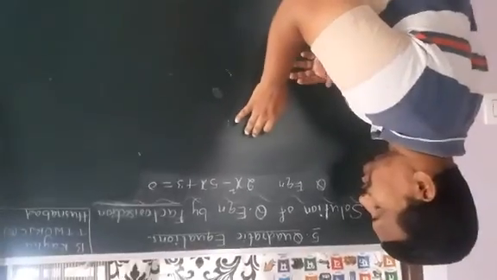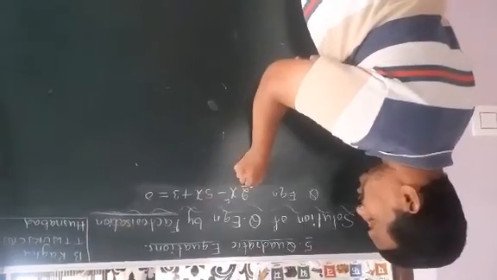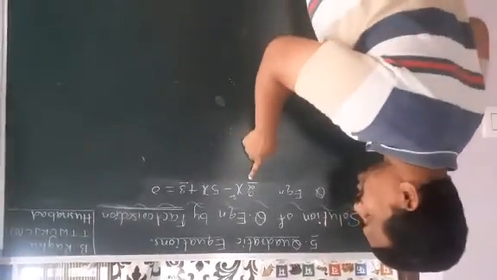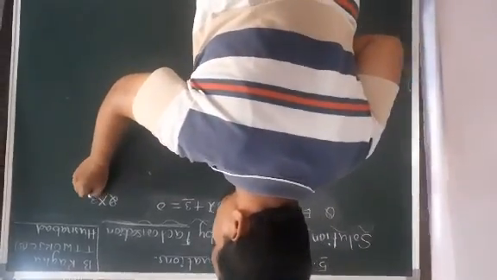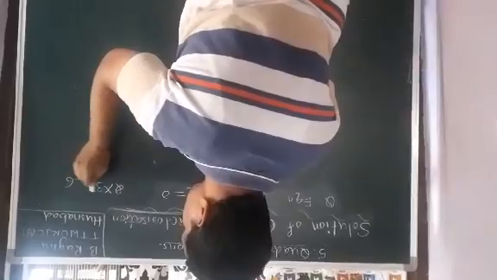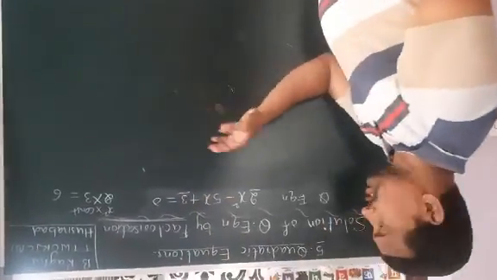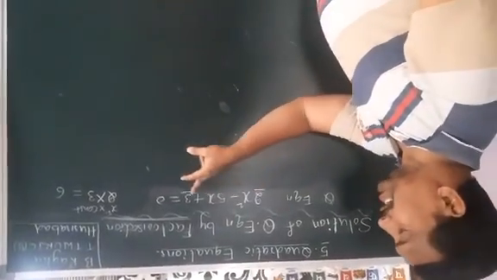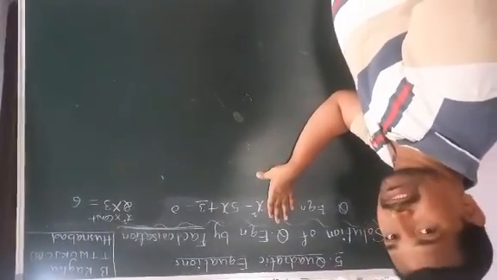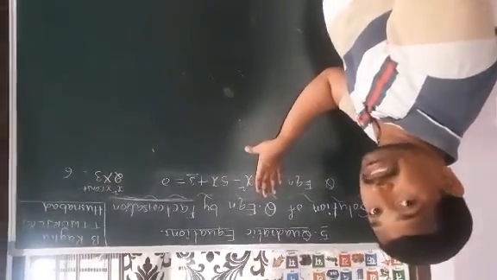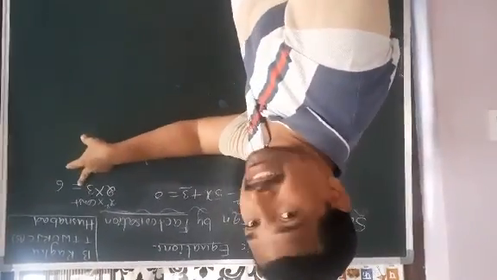To find the solutions by factorization method, you have to take the product of the x square coefficient and the constant. What is the x square coefficient? 2. And what is the constant? 3. So 2 into 3 equals 6. If there is no x square coefficient, that means 1; x square means 1x square. So take in that case 1. So x square coefficient 2, constant 3. 2 3s are 6.